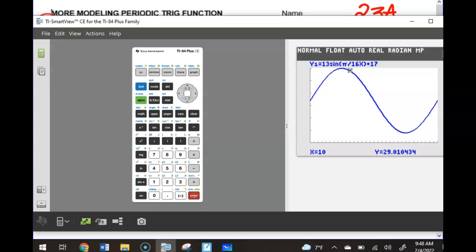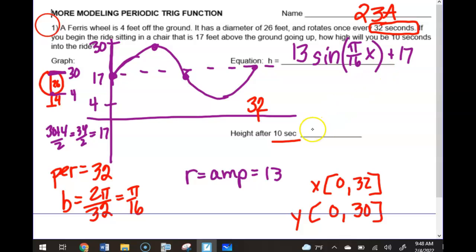After 10 seconds, I have 29. Let's see, if that was 16, 8 should be where the maximum occurs, maybe? Yep, that is showing up at 30. Just checking that we got everything good. What did I just say 10 was? 29.1? Feet?